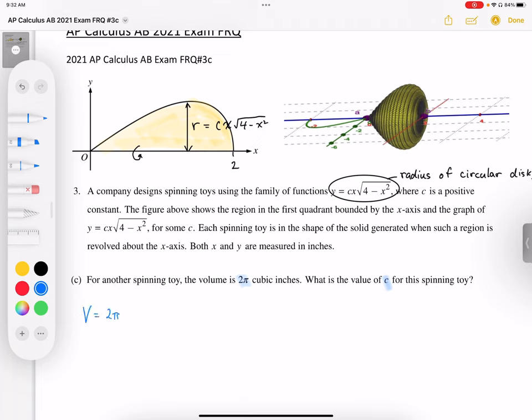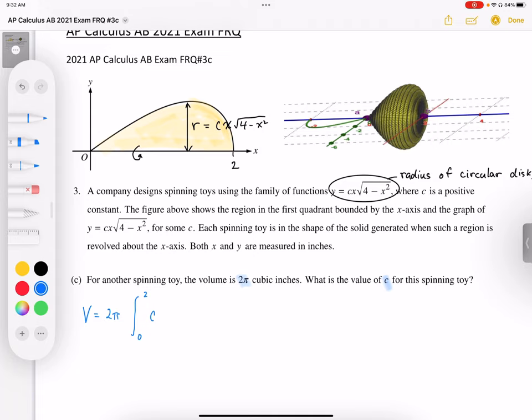To find the volume of this, I'm going to need to take circular slices. So I need to find the area of the circle and then give them thicknesses of dx. So my integral, I already worked out my bounds to be 0 to 2. And I need to take that radius and square it.